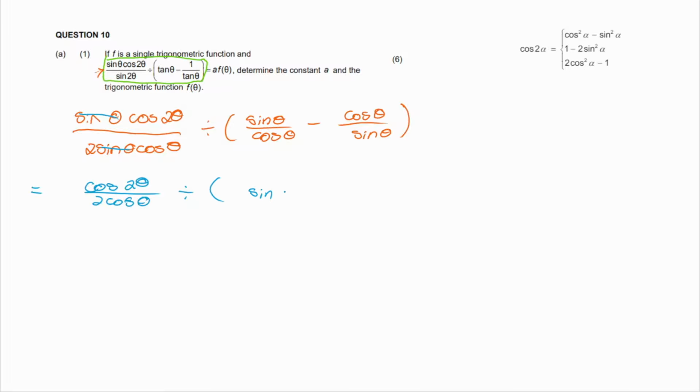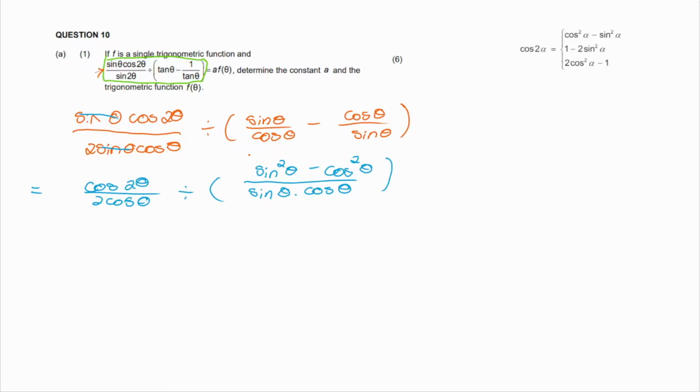The LCD is sine theta cos theta. If we look here, this thing is missing sine theta, so the top needs to be multiplied by sine theta. So we're going to get sine squared theta. We keep our sine over there, so I mean negative sine, and over here the denominator is missing a cos theta, so we multiply the numerator by cos theta, so we get cos squared theta. Okay, so this thing was kind of far apart, and we've now squished it together a bit.